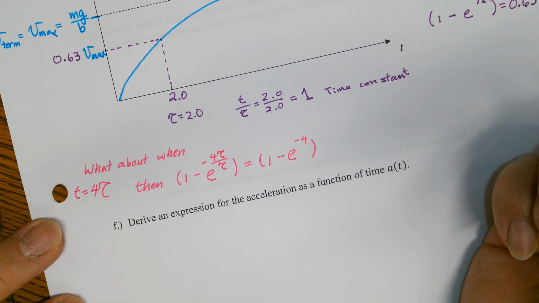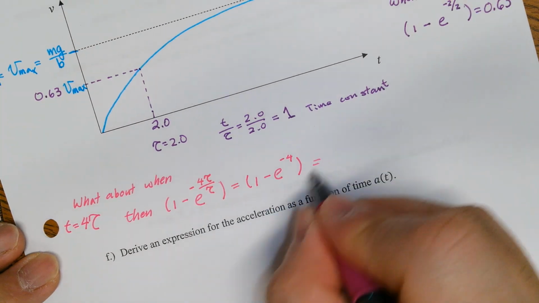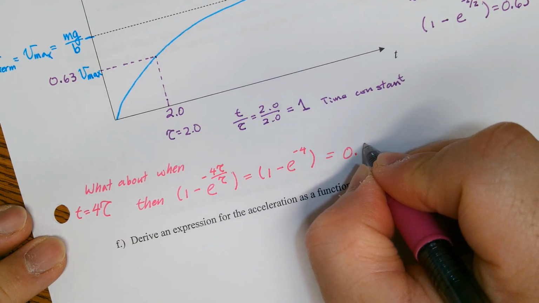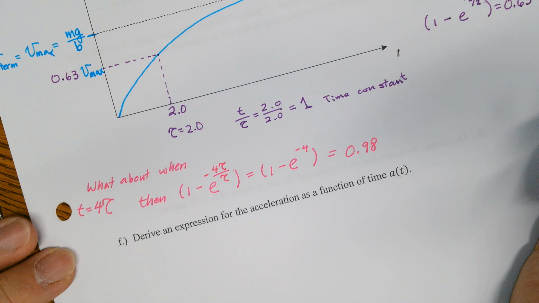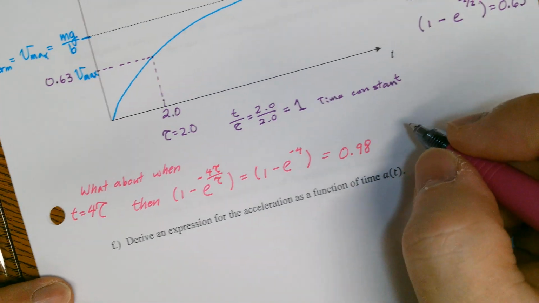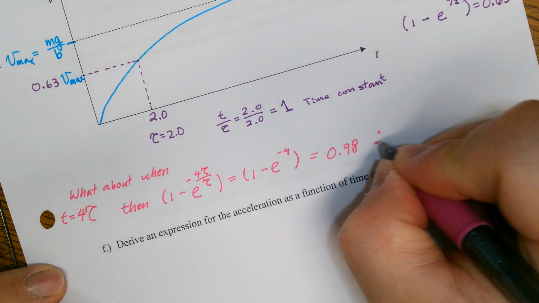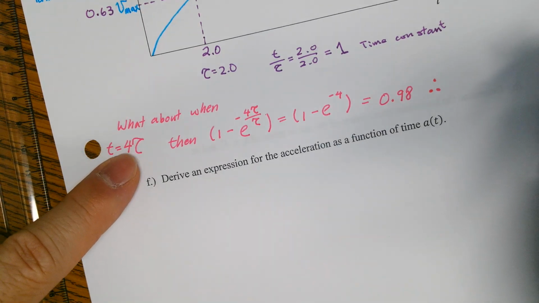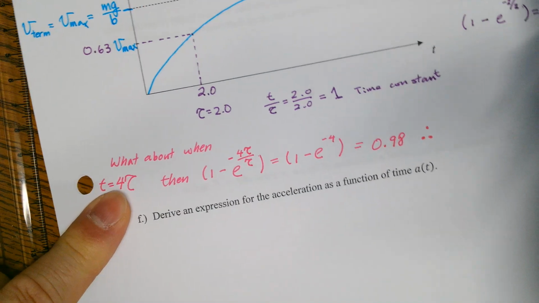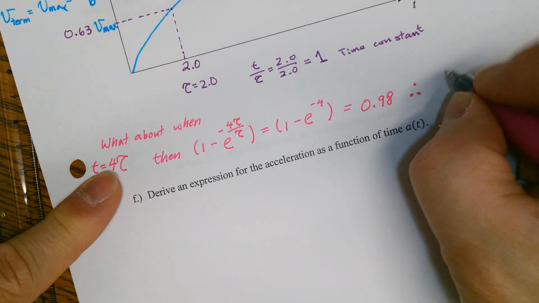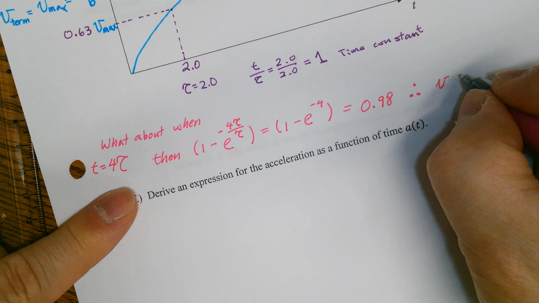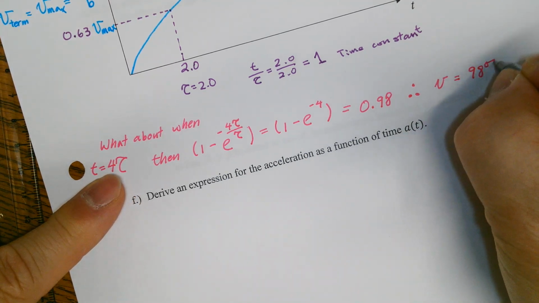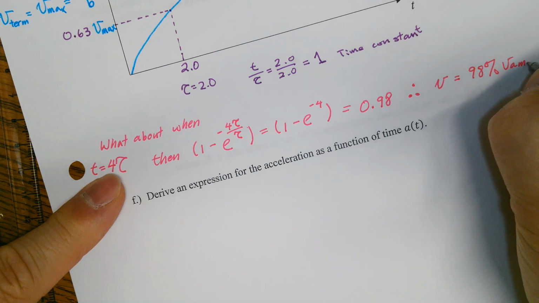If you evaluate this, it comes out to 0.98. That means at 4 times tau, or in our case 8 seconds, my V is equal to 98% of Vmax.